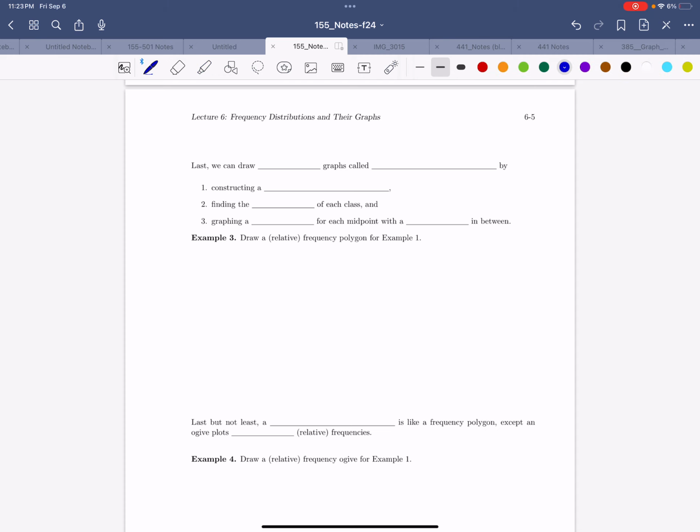All right. And last but not least, we can draw line graphs called frequency polygons by constructing a histogram, finding the midpoint of each class, and then graphing a point for each midpoint with a line in between.